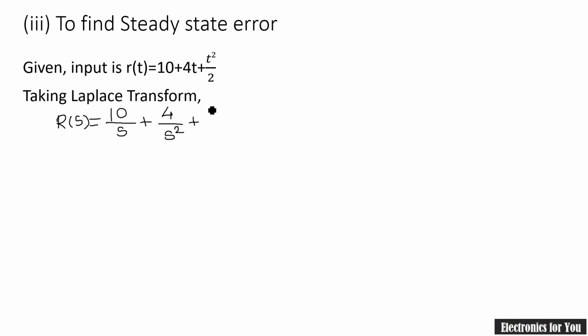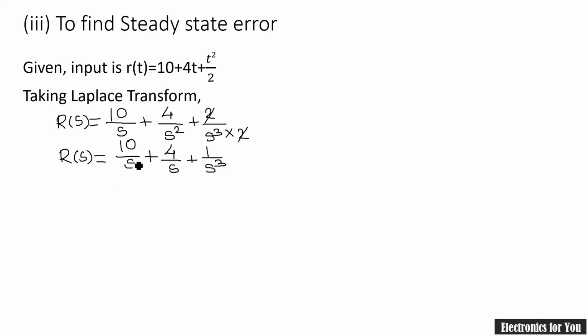And for t square we will get 2 multiplied by 2 upon s cube, and 2 is already given there, so this 2 and 2 will get cancelled, and we will get R of s equal to 10 upon s plus 4 upon s square plus 1 upon s cube.